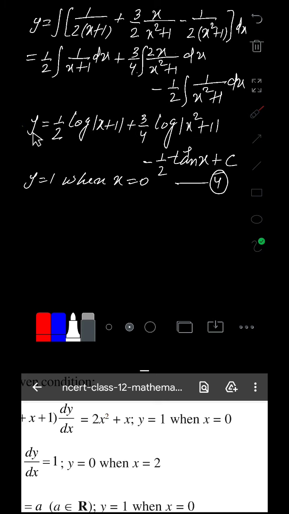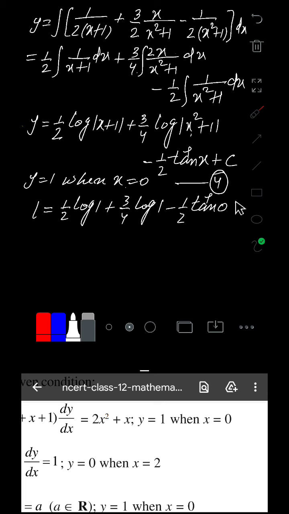Putting in this equation, on the left hand side we get 1 is equal to half log, if we substitute x is equal to 0, so we get log 1, plus 3 upon 4 log, here we substitute x is equal to 0, we get log 1 again, and minus 1 upon 2 tan inverse 0 plus c.